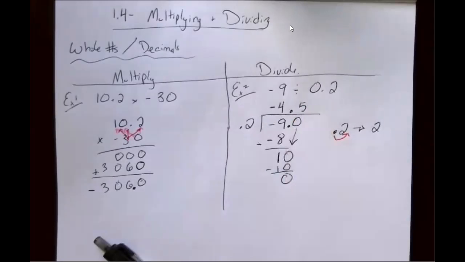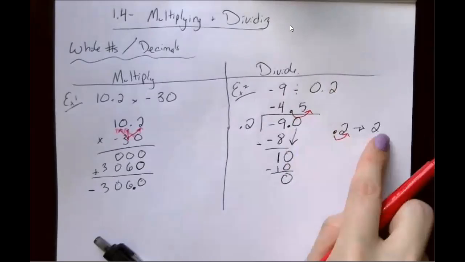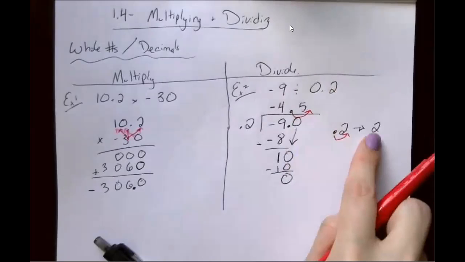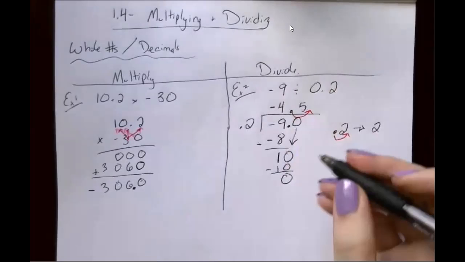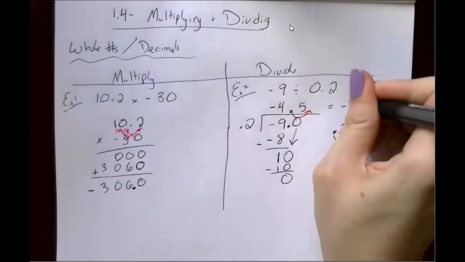So we're going to take it and move it one spot over, since that's what we did to the 0.2 to really get it to pretend to be 2. And so our actual final answer is negative 45.